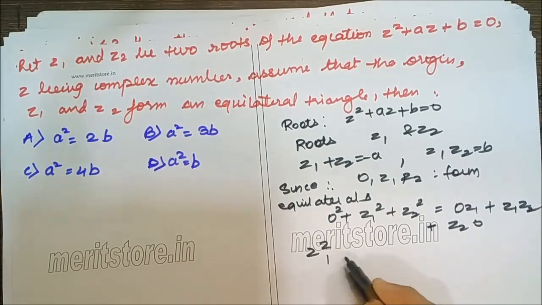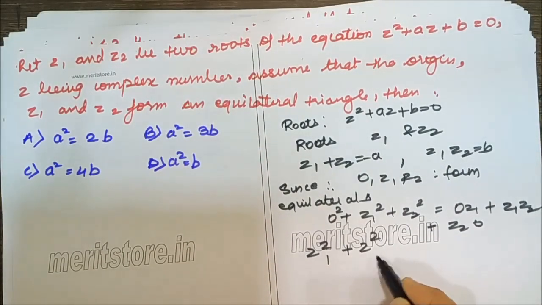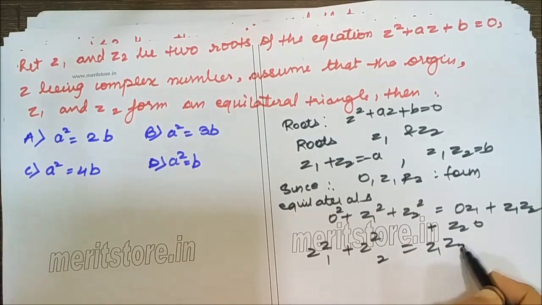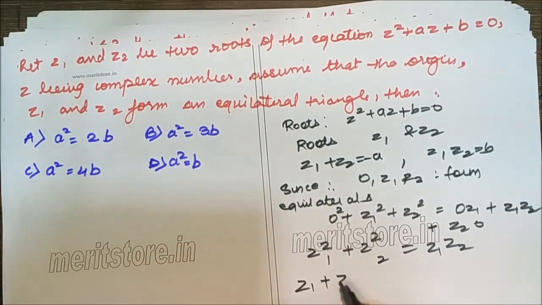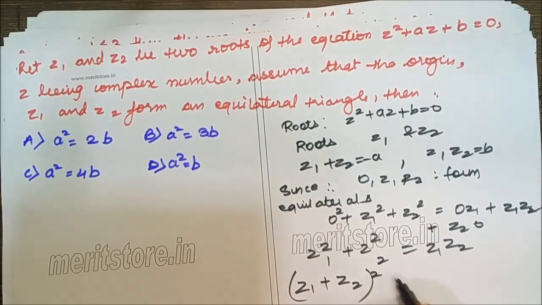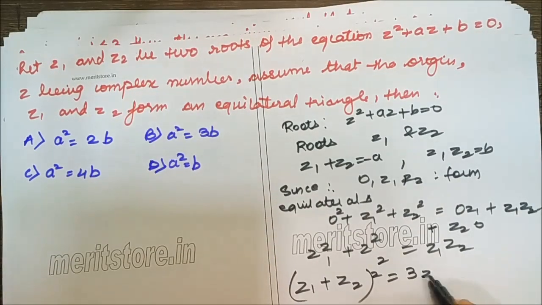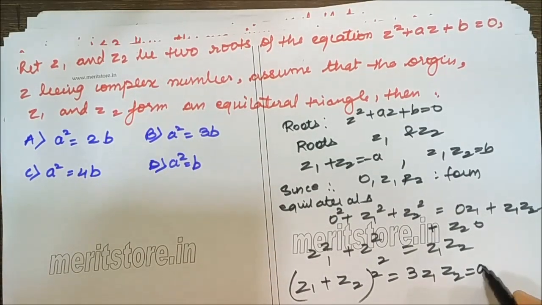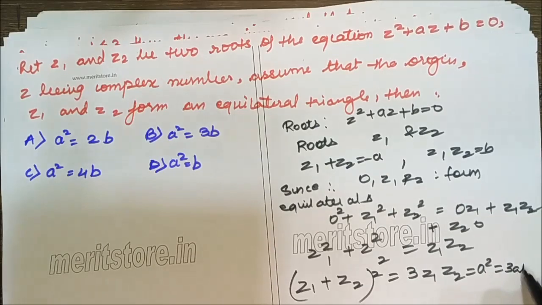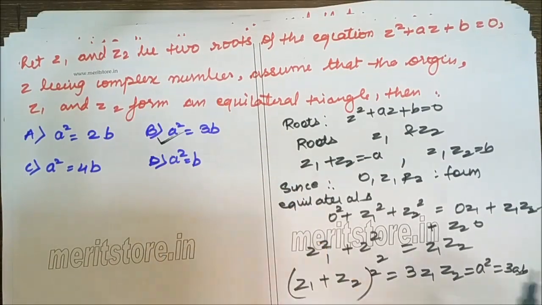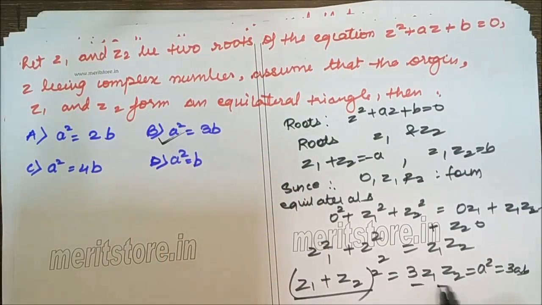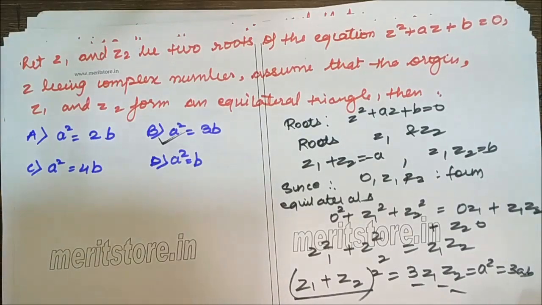So z1 square plus z2 square is equal to z1 z2. So z1 plus z2 the whole square is equal to 3 z1 z2, which is a square is equal to 3ab. So this is your answer, 3ab.